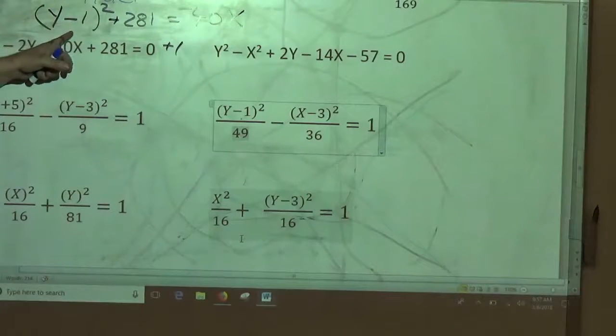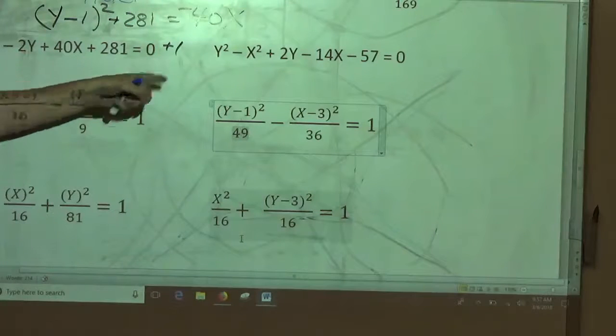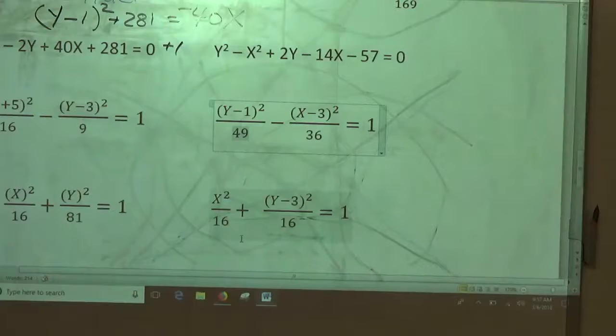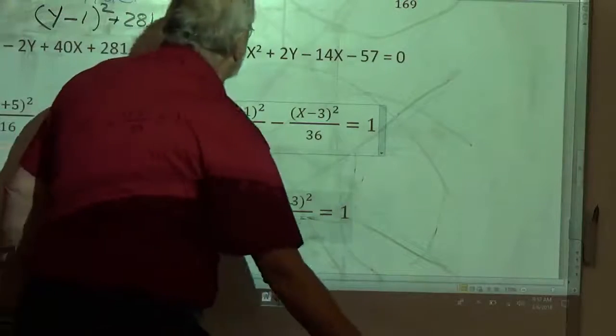The completing square part is half of this, and then you have to add that third number there. Okay? All right, now let's go to the second one.